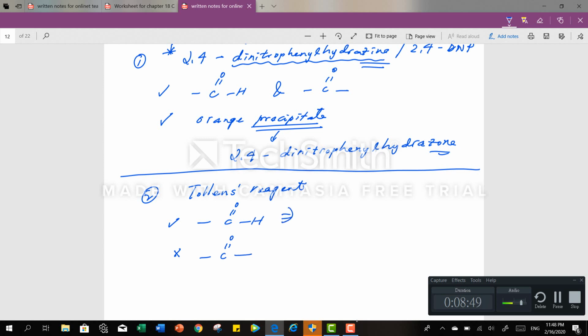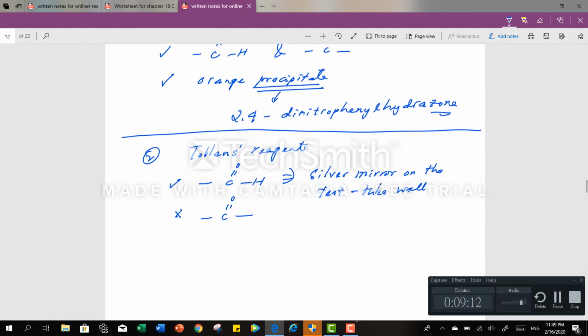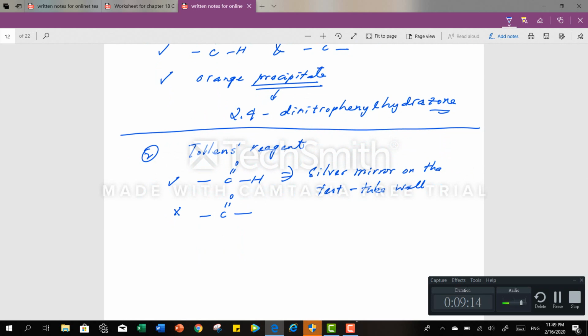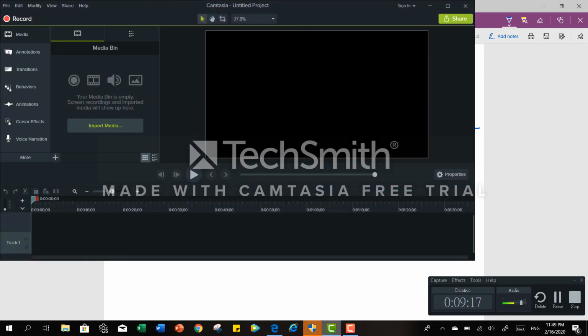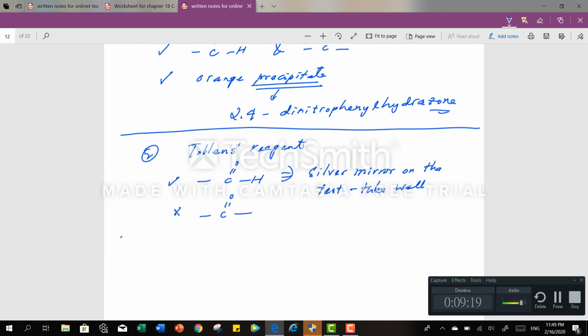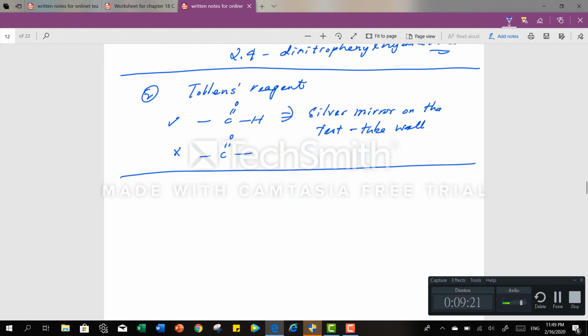If the result is positive, then you will get a silver mirror on the wall of the test tube. It's like a mirror. You can even see your own reflection from the wall of the test tube. I will show you some video later, and I will demonstrate this experiment to you after we come back.